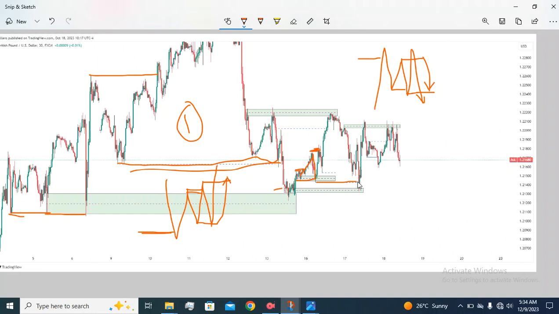Okay? Because with a sweep of liquidity, our first break of structure, this is the first inducement, this is where we take our buy and ride this market potentially to this high here. Ta-da! This is our potential take profit. Okay?